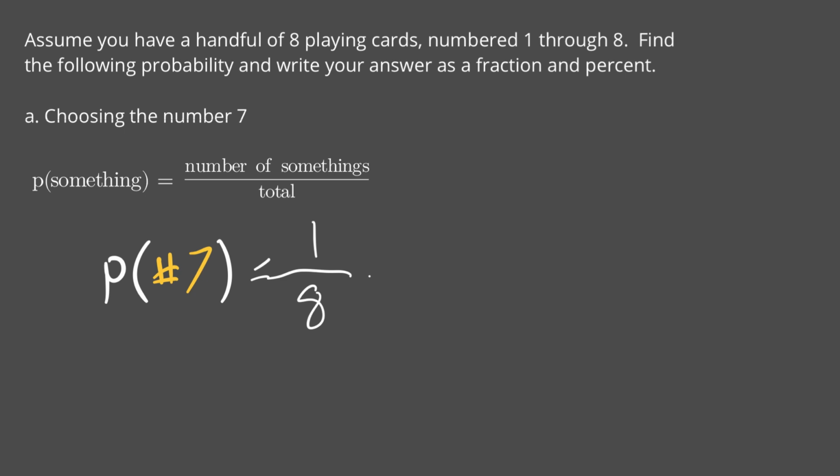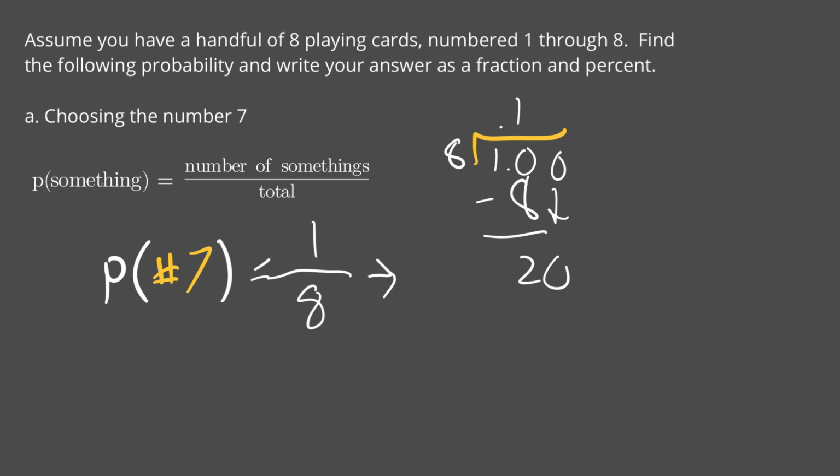And if we wanted to turn this into a percentage, we would take the numerator divided by the denominator, and we'll work that out on screen. If you have any questions on how to do this, you can look at some of our previous videos that walk us through turning fractions into percentages. 8 goes into 20 twice, that gives us a 16. Subtracting it out gives us a 4 and 5.